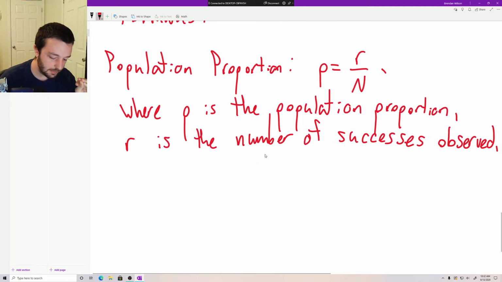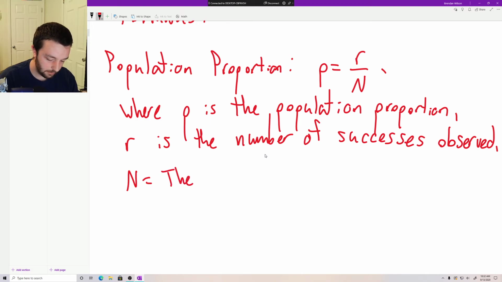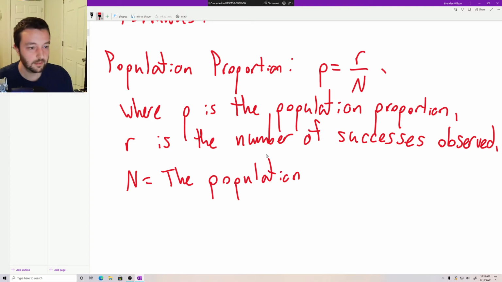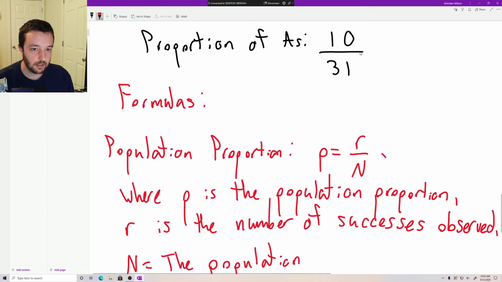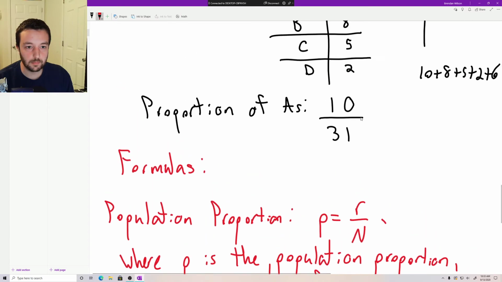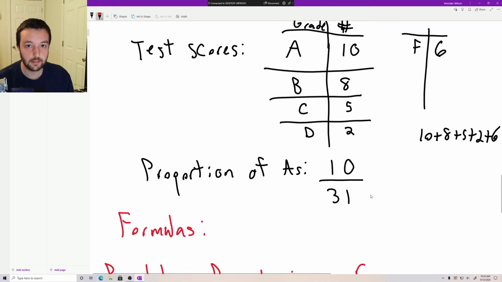So R is the number of successes, and capital N is the population. So we have P equals R over N. So here we did 10 was our number of successes, N was 31 because that's the total number of people who took the exam. Okay.